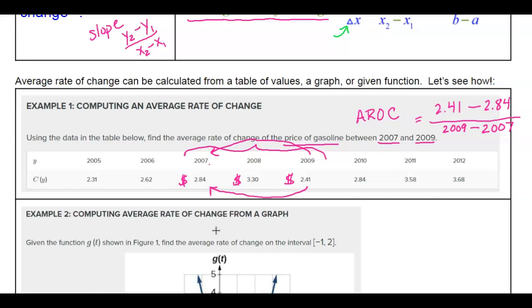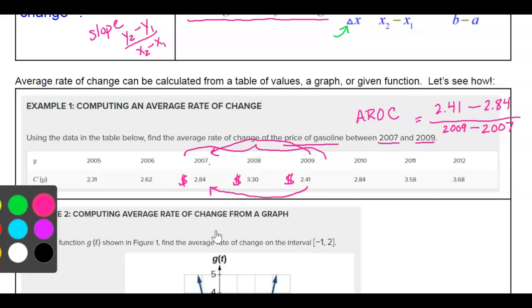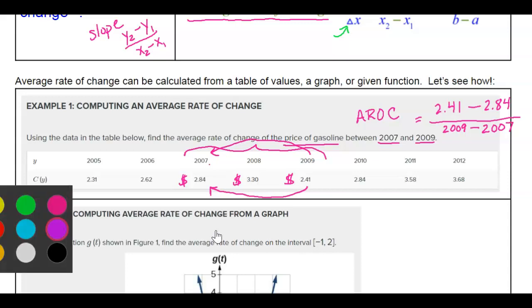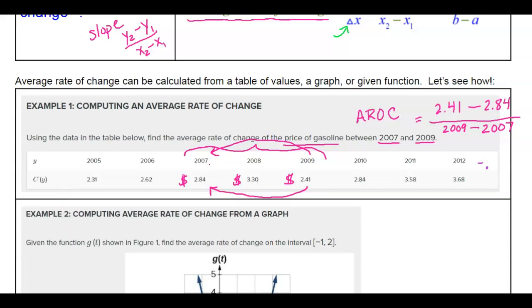Get a calculator: 2.41 minus 2.84. I'll just do purple, negative 0.43, and then 2009 minus 2007 is 2 years. If we divide that, we get negative 0.215.